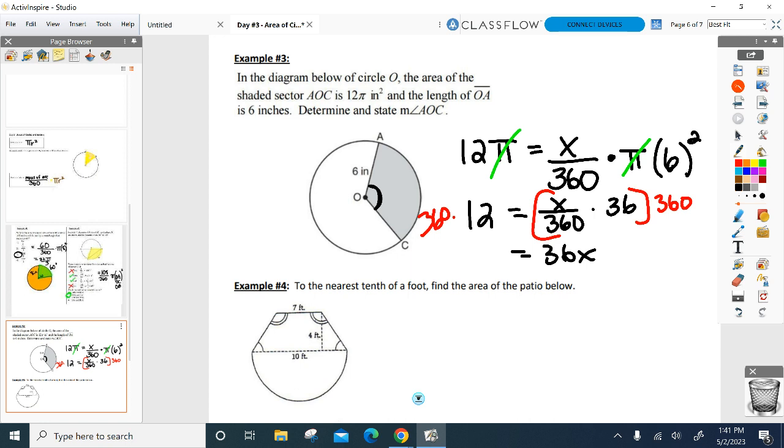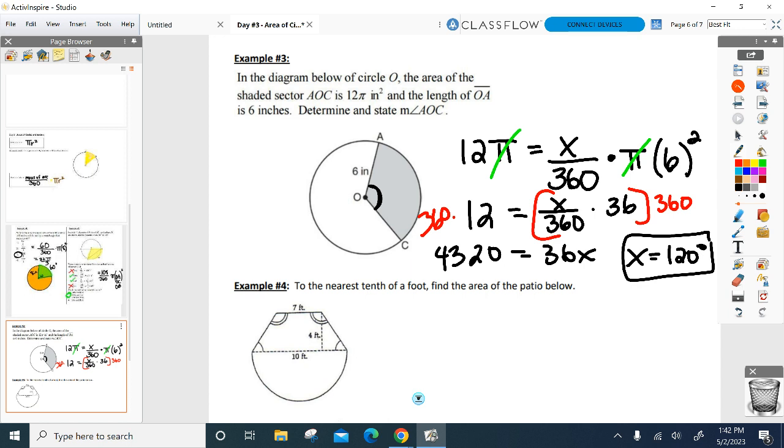I just can't read the rest of this calculator. I look like a genius there for a second. 4,320. Yes. Is anybody breathing? 20, yes. Divide by 36. So that angle is going to be 120 degrees.